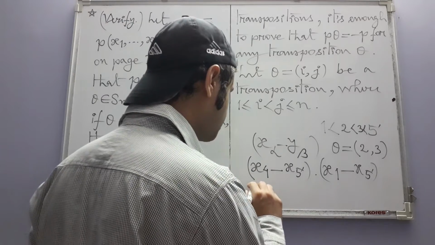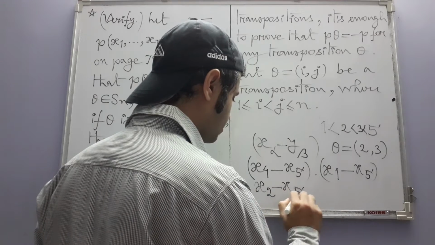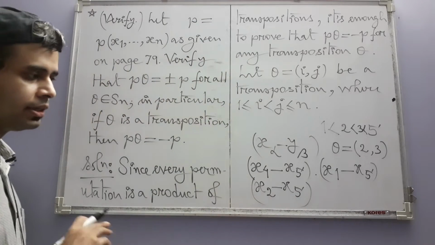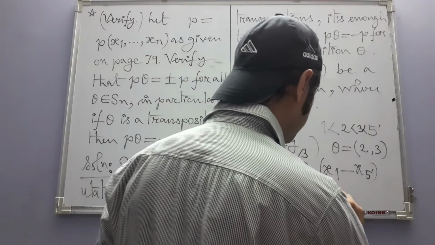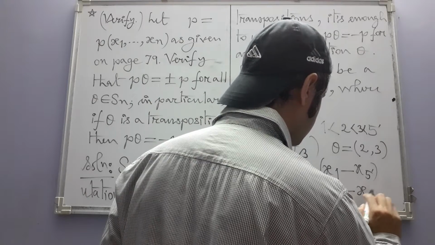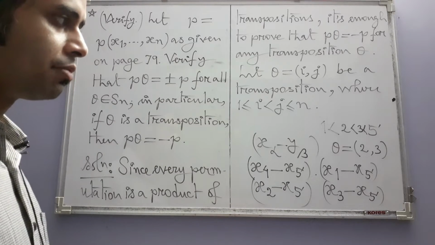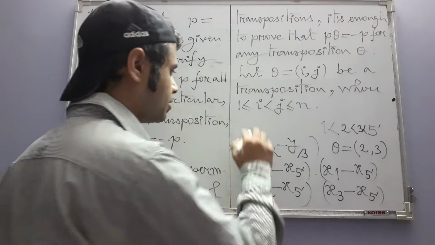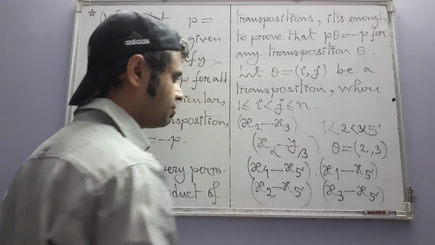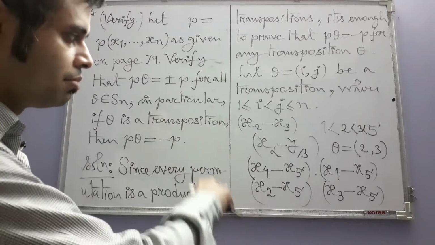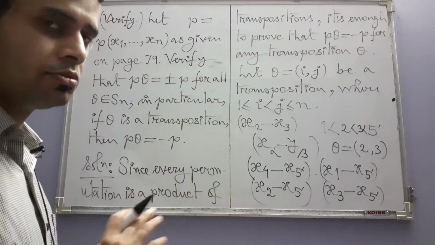However, factors like this will of course be affected. For example, x2 minus x5, after applying theta, this will become x3 minus x5. Or for example, x3 minus x5 will become x2 minus x5, and there is precisely one factor where both the suffixes are getting affected. x2 minus x3 will become x3 minus x2 after applying theta, because we are swapping 2 and 3.